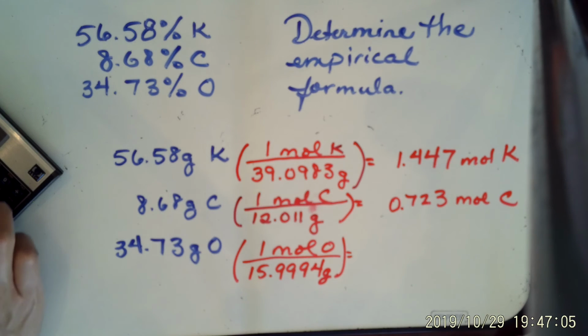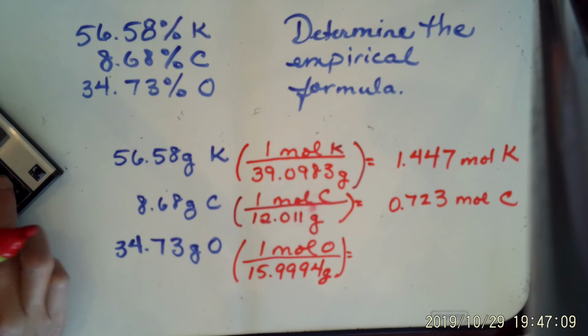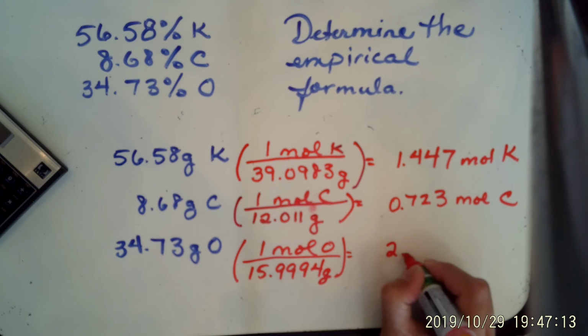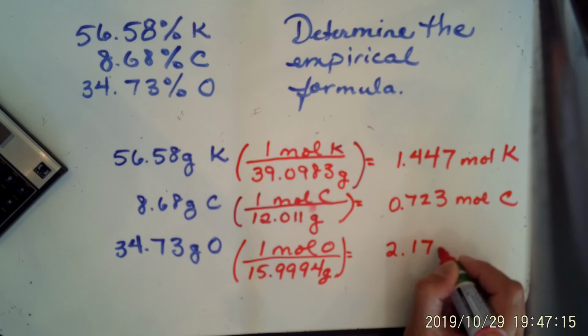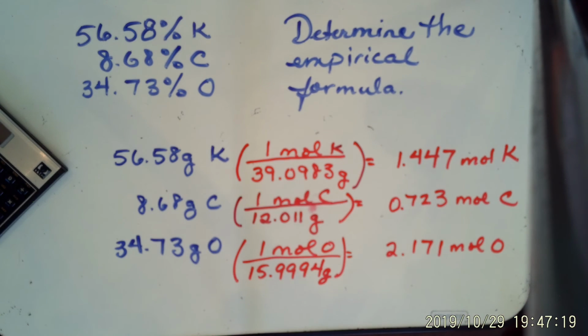And then 34.73 divided by 15.9994, I get 2.171 moles of oxygen.